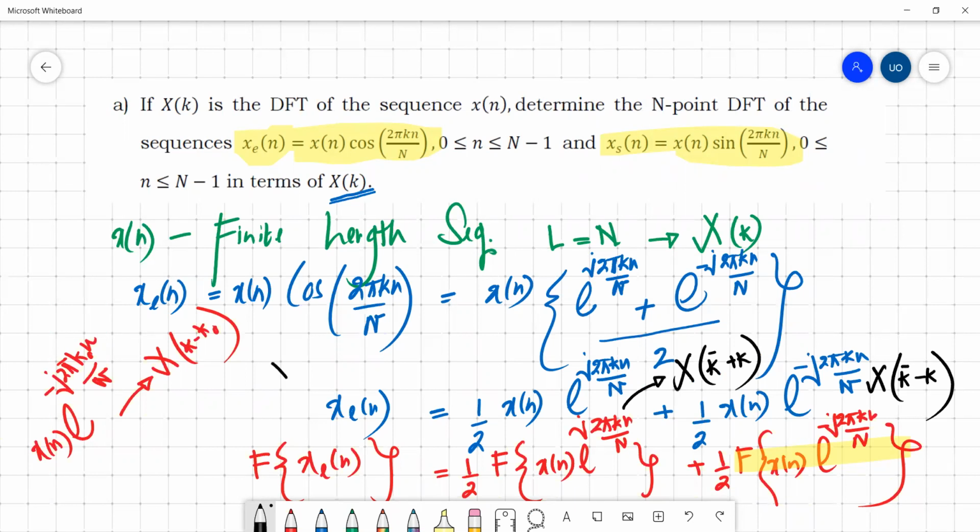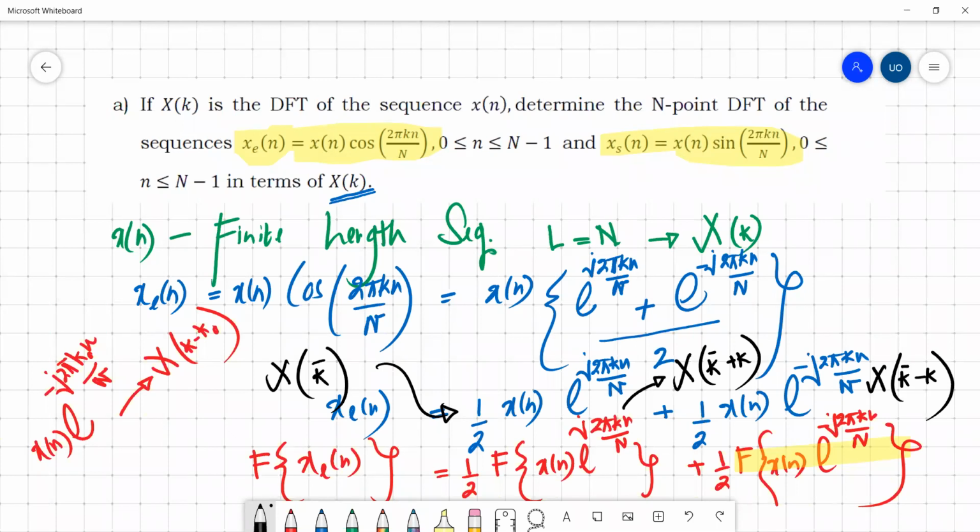So the Fourier transform of this is a function of the shifted versions of the original X[k] to the left hand side and right hand side, taking the scaling factor half there.